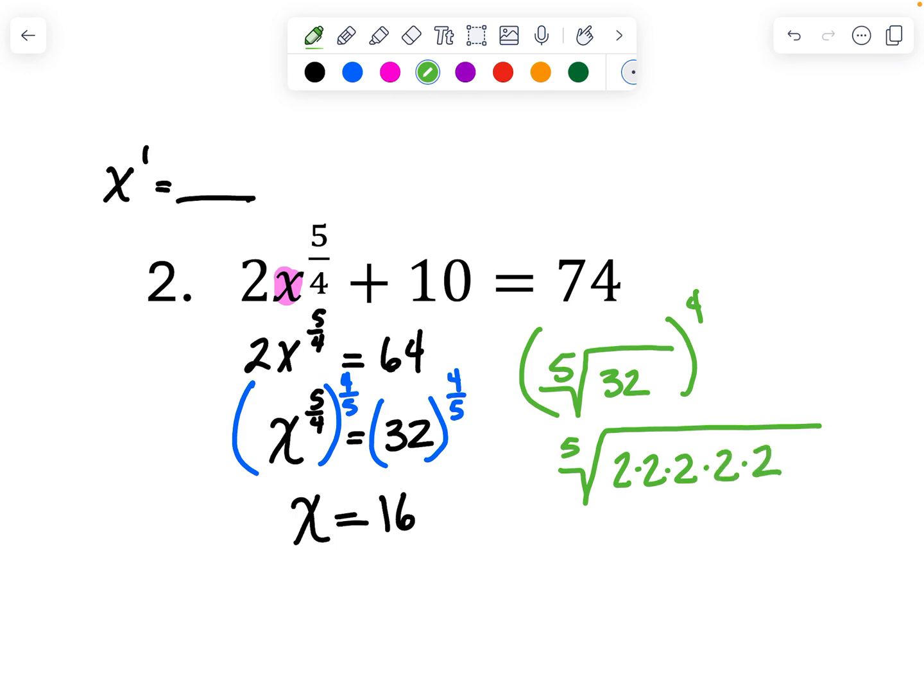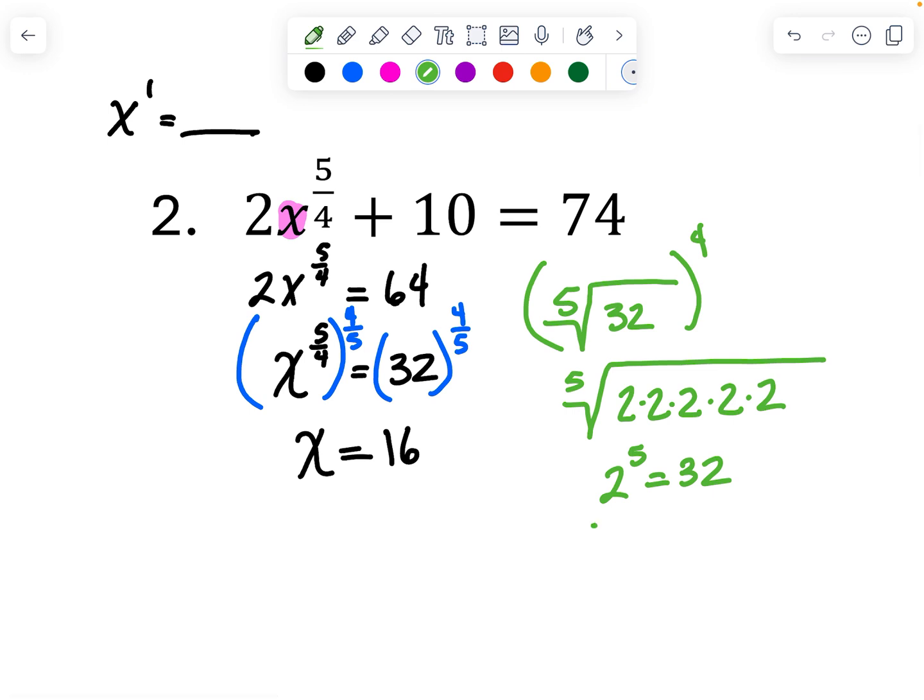So 2 to the 5th power is equal to 32. So the 5th root of 32 is equal to 2. And then it's supposed to be raised to the 4th power, and 2 times 2 times 2 times 2 is 4 times 4, which is 16.